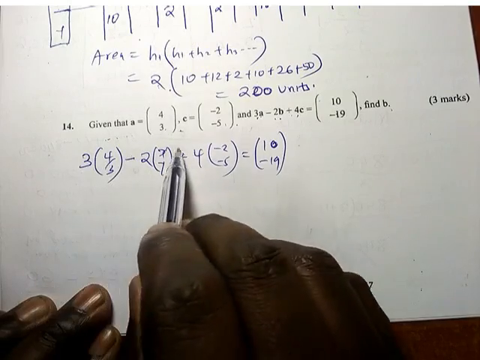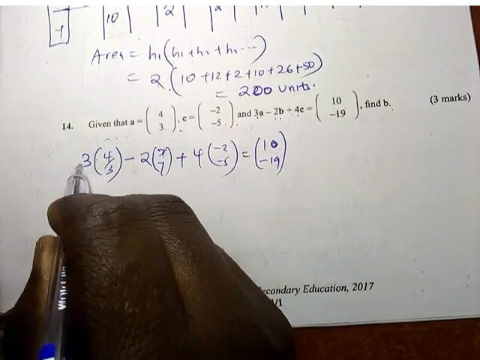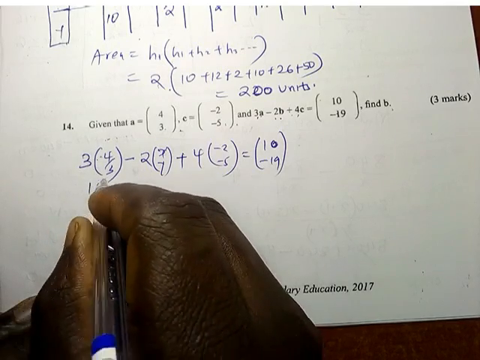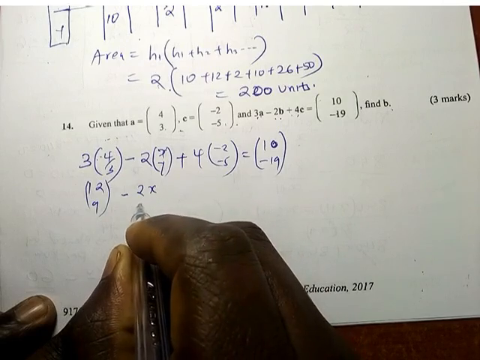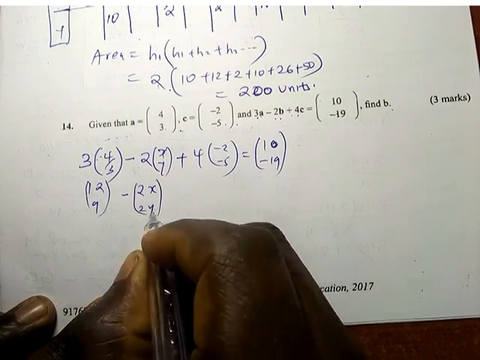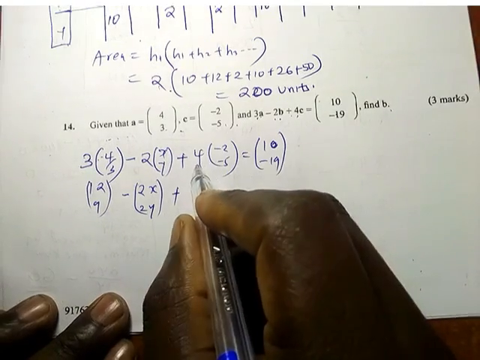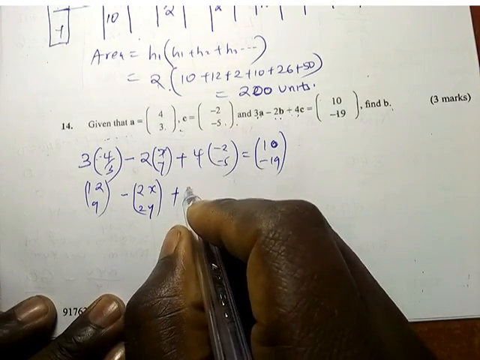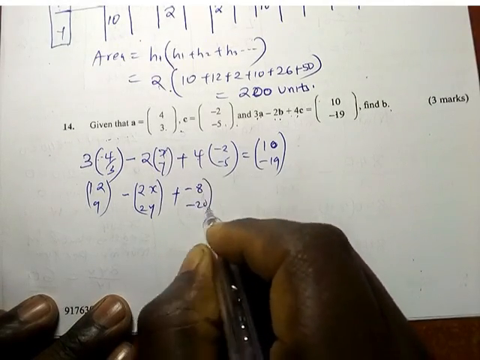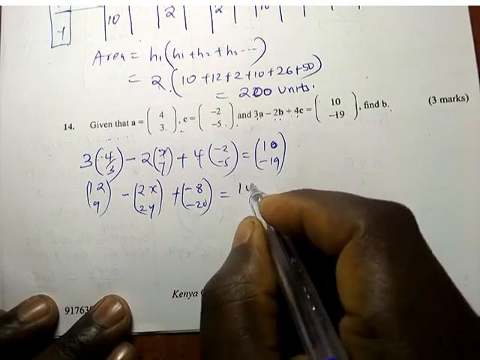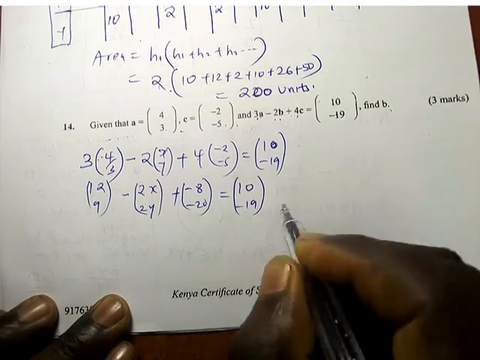So here we subtract, let us use this one is the same as 12, 9 minus 2x, 2y, plus, this one is negative 8, negative 20, which is equal to 10, negative 19.